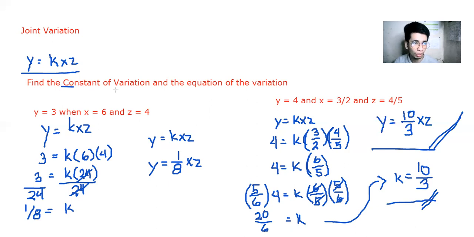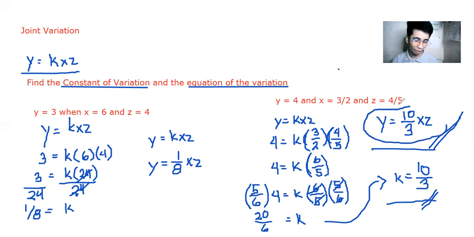Dalawang hinahanap natin, constant of the variation and equation of the variation. Ang constant, yung value ng K. Then, ang equation naman, yung K, papalitan lang natin kung anong value niya. Okay?